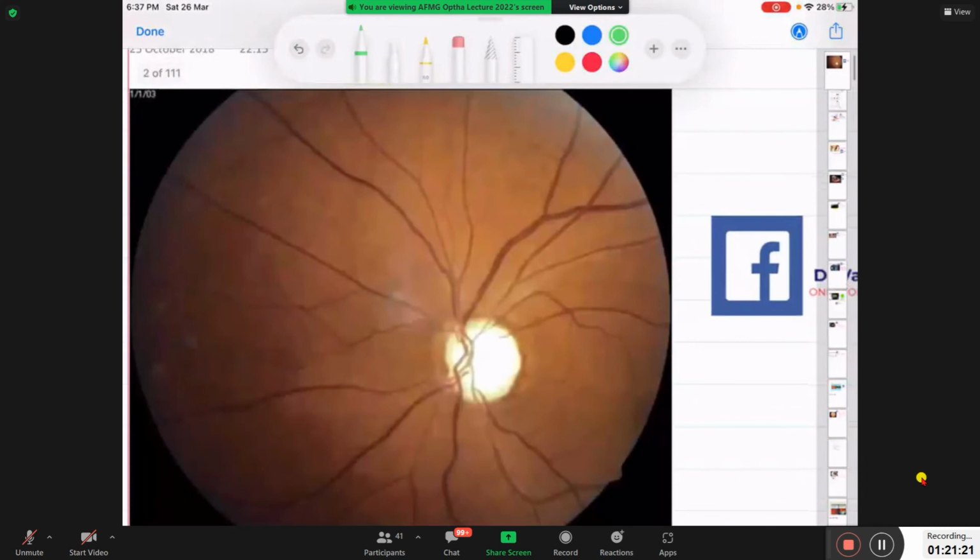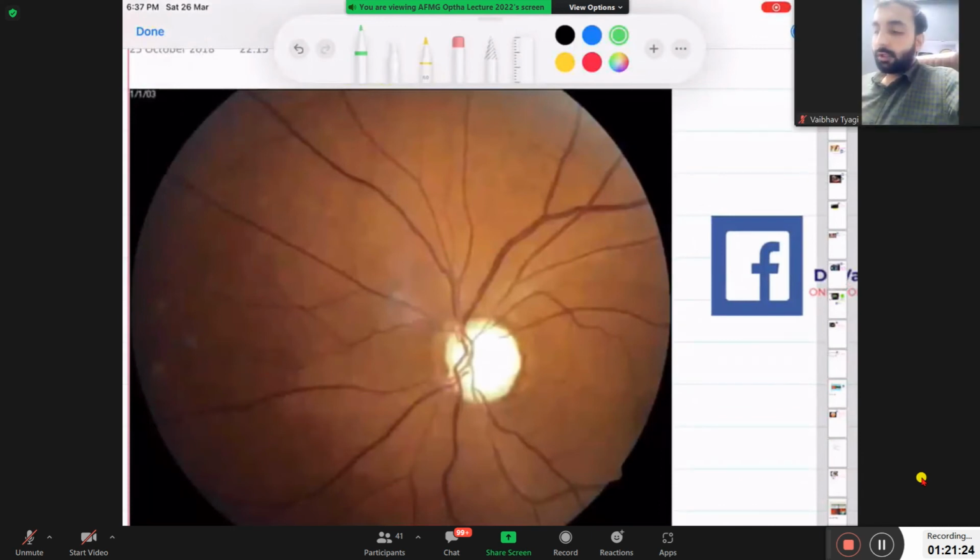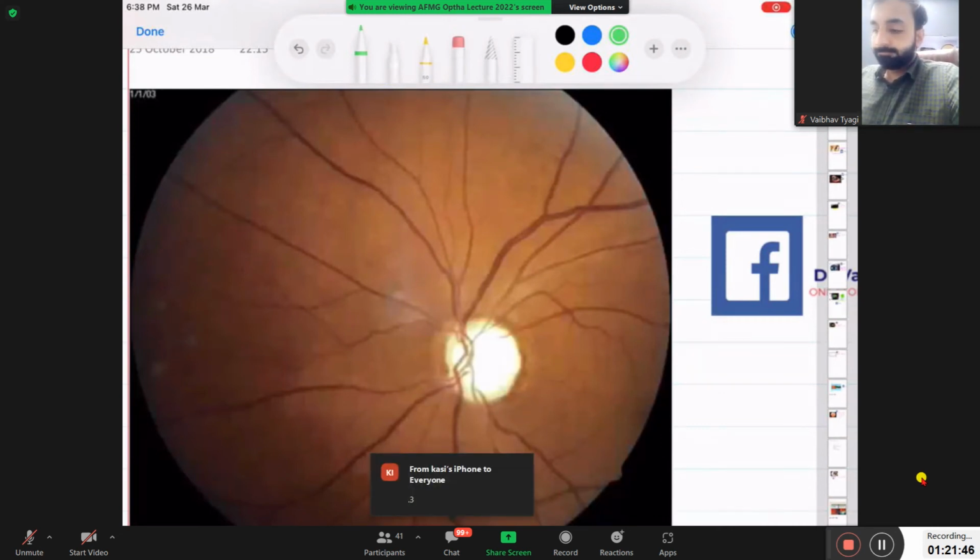Can you see the color of the optic disc? It is chalky white. This is not normal, right? Normal color of the optic disc was pale pink. What was the vertical diameter of the optic disc? 0.3 was the CD ratio. 1.5 millimeters, right?